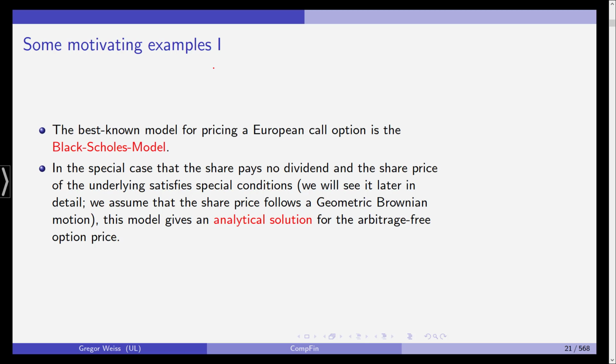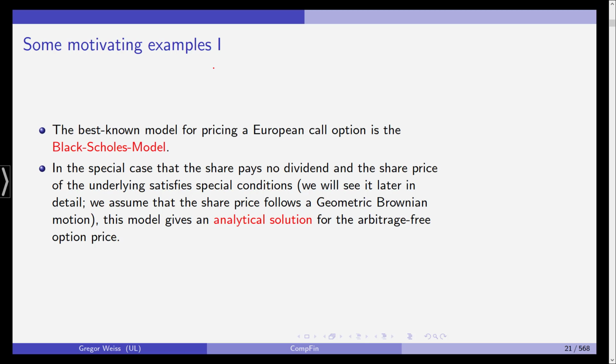So a European call option is the right, but not the obligation, to buy an underlying stock at maturity of the option contract. And the Black-Scholes model, under very specific assumptions and in a very fancy way, shows what this option contract should be worth, what the fair price of this option contract should be.